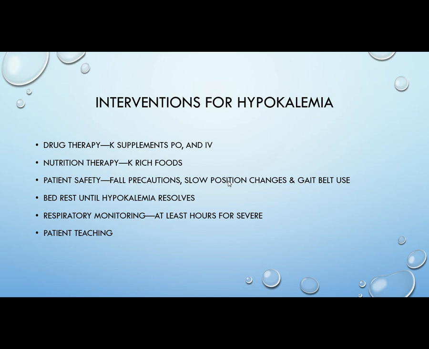You need to closely monitor your patient's response to potassium therapy. You need to question the use of diuretics. Find out if the diuretics they're using are potassium wasting, like the thiazides and the loop diuretics, and they need to be stopped in these patients. Okay?